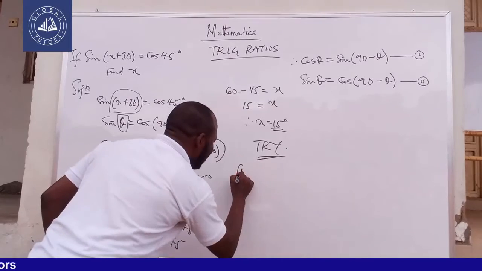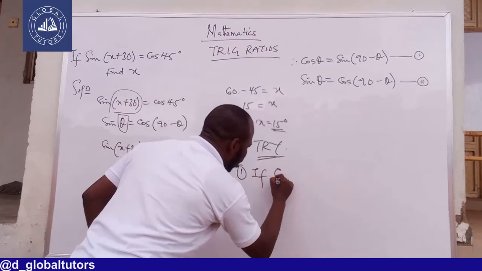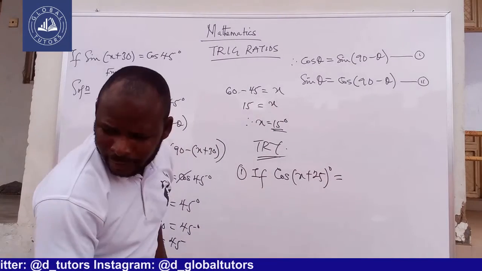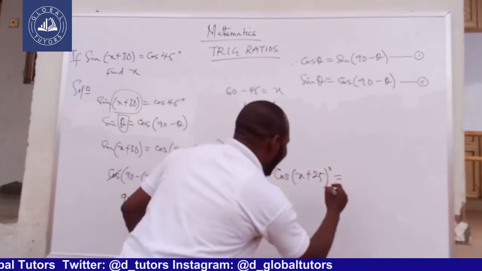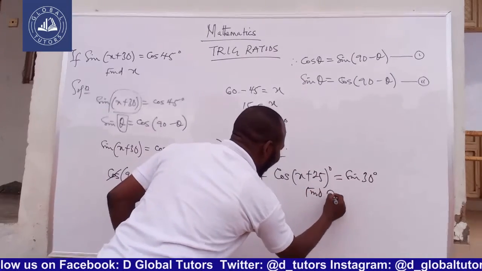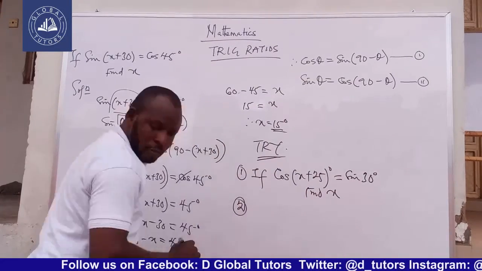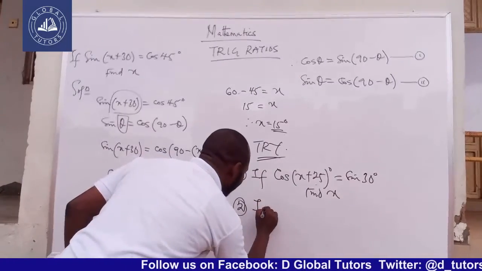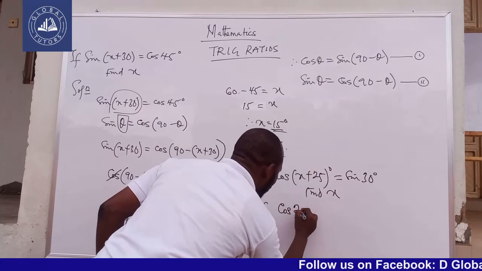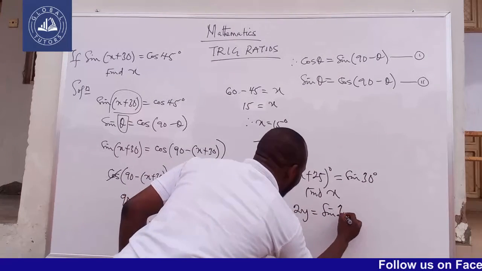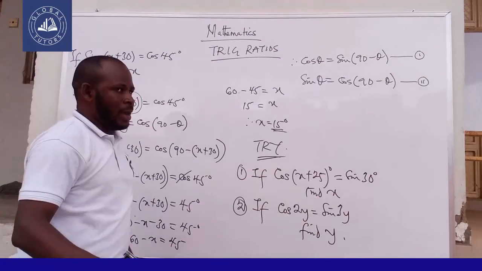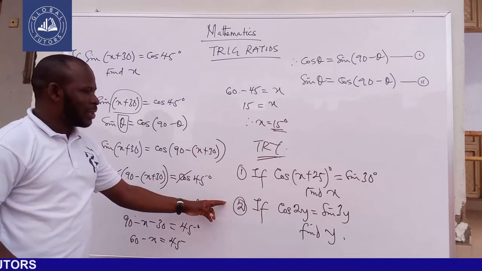Number one, if cos (x + 25) degrees equals sine 30 degrees, find x. And number two, if cos 2y equals sine 3y, find y. I'll leave you with these two questions to solve.